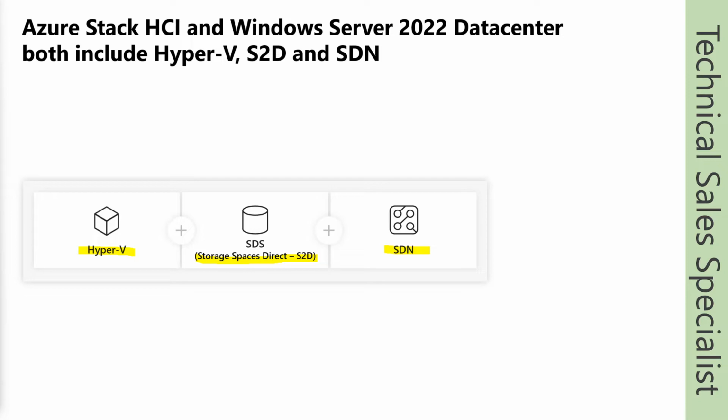To complete this picture here, the stack for the hyperconverged infrastructure is managed by Windows Admin Center, and Windows Admin Center can be provided to manage the HCI based on Windows Server and the HCI based on Windows Server 2022 Datacenter. Now the question is, why are there different ways from Microsoft to provide the hyperconverged infrastructure?